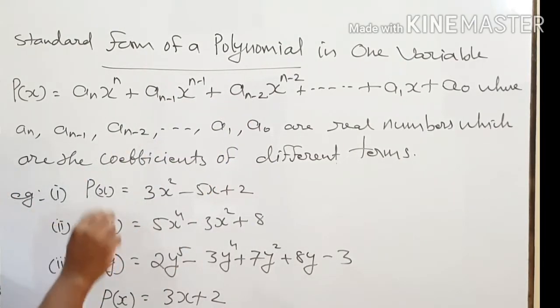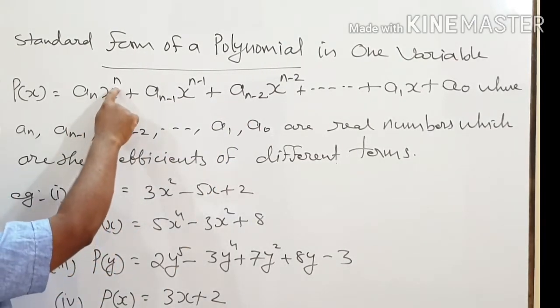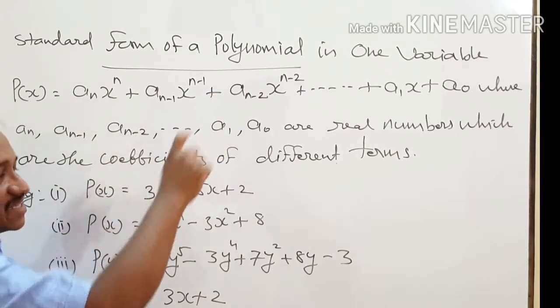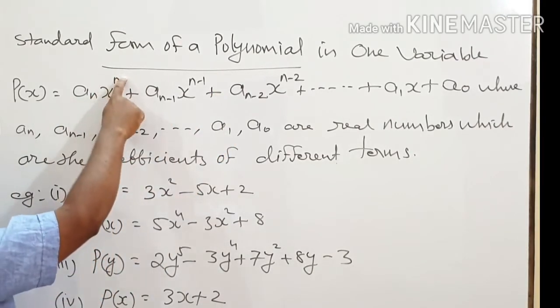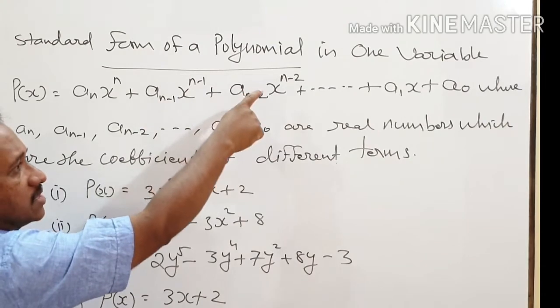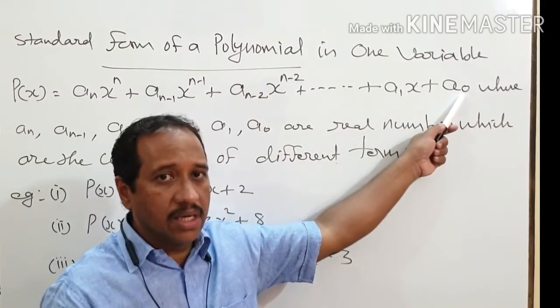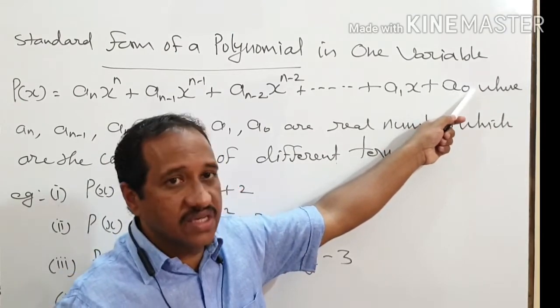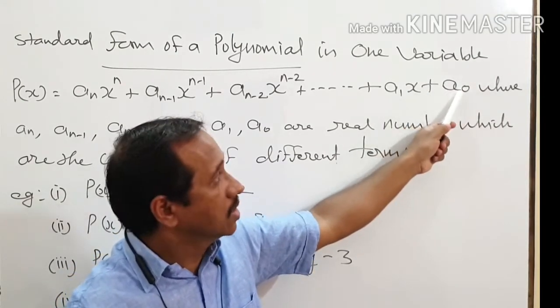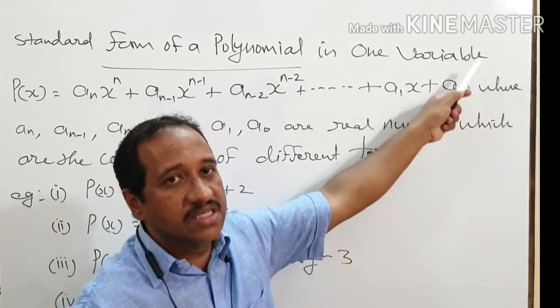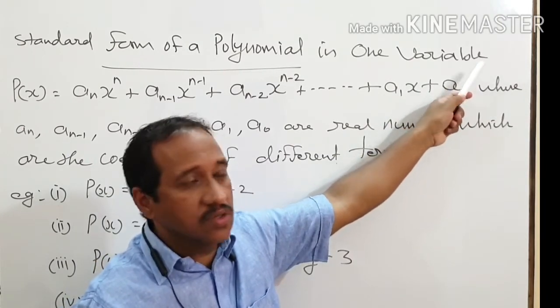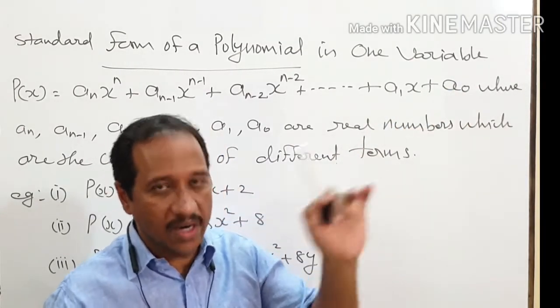You can see that the power of the variable x goes on decreasing: n minus 1, n minus 2, and so on. The last term is a_0, where the power of x is 0. Therefore, we do not write x raised to 0 here, because x raised to 0 is 1.